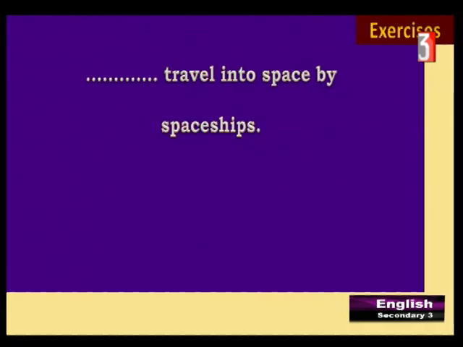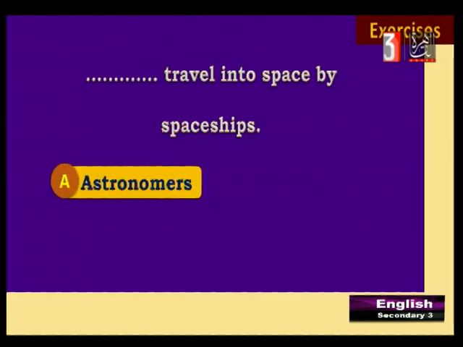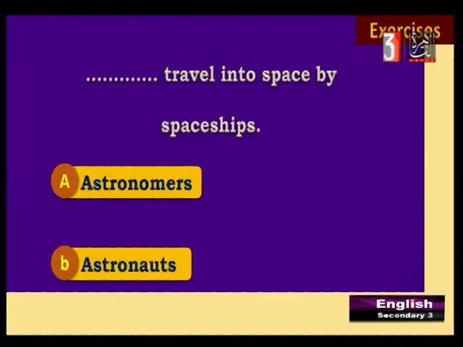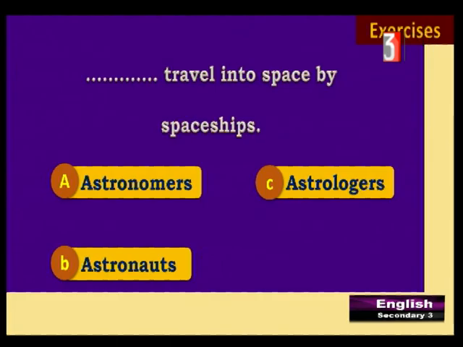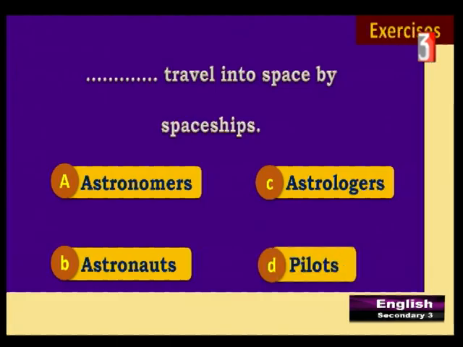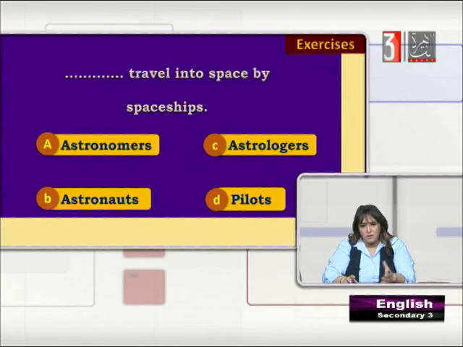___ travel into space by spaceships. Who travel into space by spaceships? Astronomers, astronauts, astrologers, pilots. So you have to exclude two options and think about two options only. Astronomers, who are the astronomers? The ones who study the planets and stars.